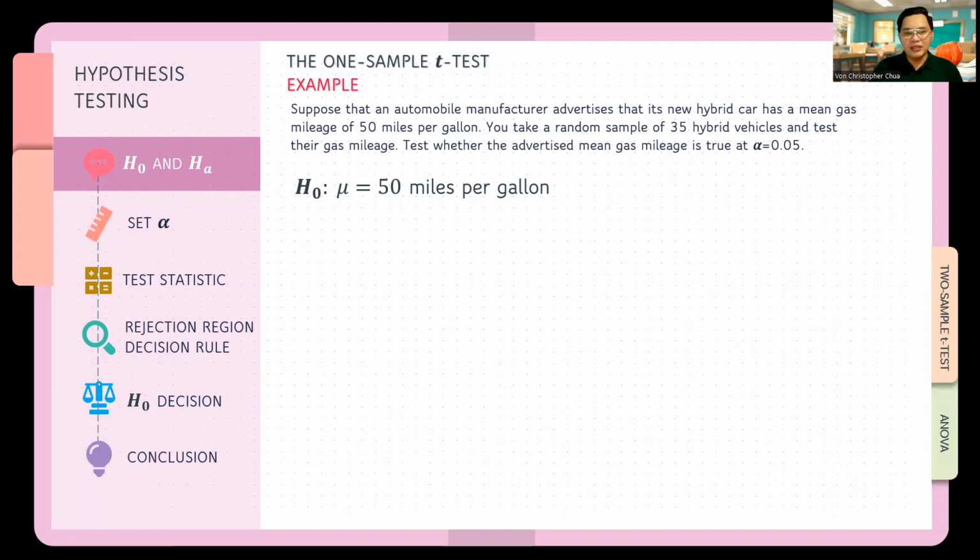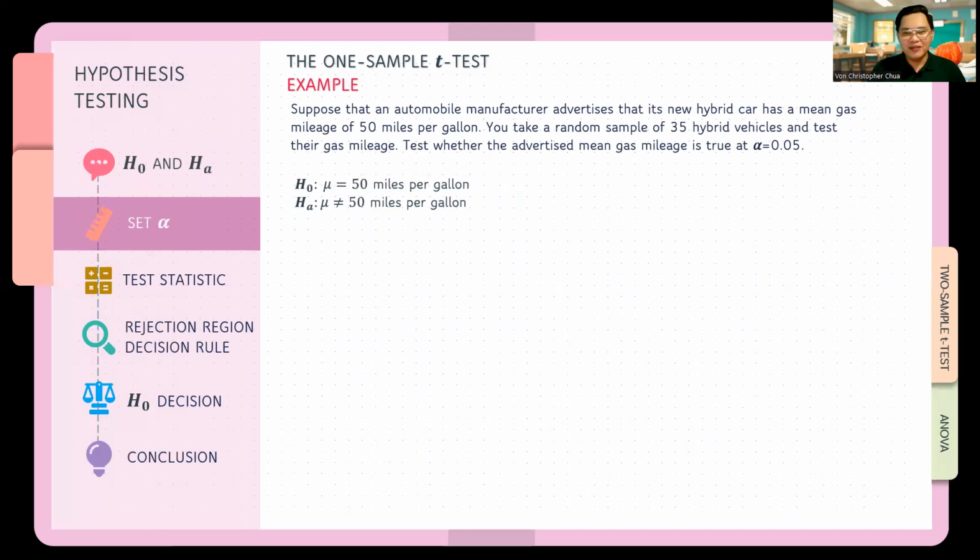Therefore, the sample mean is equal to 50 miles per gallon. On the other hand, the alternative hypothesis would contradict that, and it would say that there is a significant difference between those two different means.